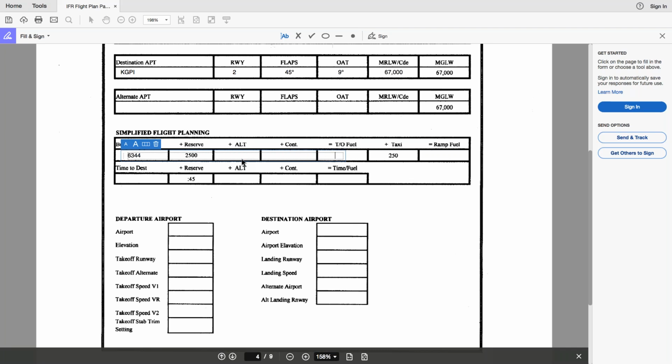So that gives us 88.44. Add on our taxi at 250 pounds. What was our ramp fuel? 9,094. Did I catch a niner in there? Were you calling from a walkie-talkie? Yes, sir.